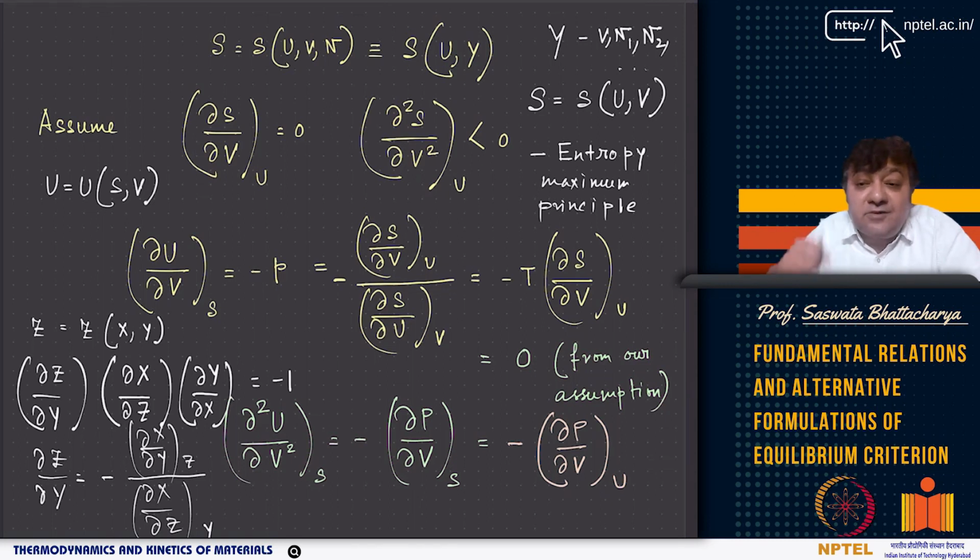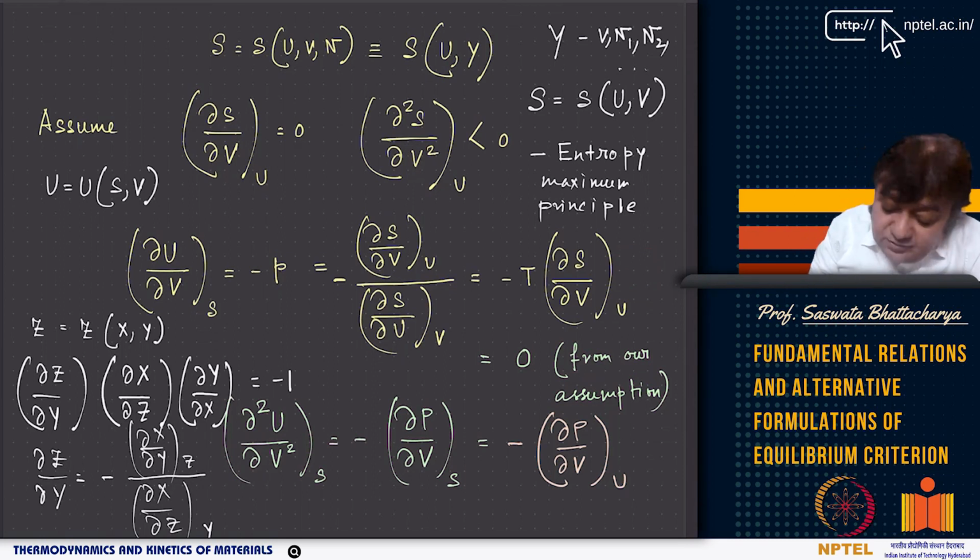We have assumed the entropy maximum principle to be true, and what we want to prove is that the entropy maximum principle implies the energy minimum principle, right? So immediately, this is equal to 0 because we have assumed the entropy maximum principle. So ∂S/∂V at U equal to 0 is given. From our earlier assumption of entropy maximum, we can now see that ∂U/∂V at S is indeed 0 if ∂S/∂V at U is 0.